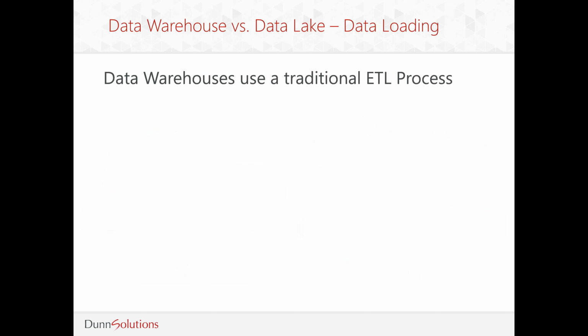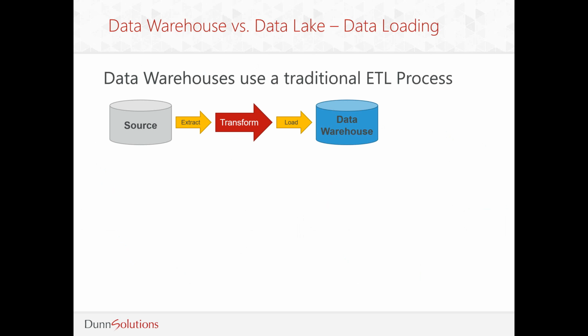How is the data loaded in a data warehouse? So you have your data sources, and you have your target star schema in data marts, which would roll up to a data warehouse. And you use a process called ETL, which stands for extract, transform, and load.